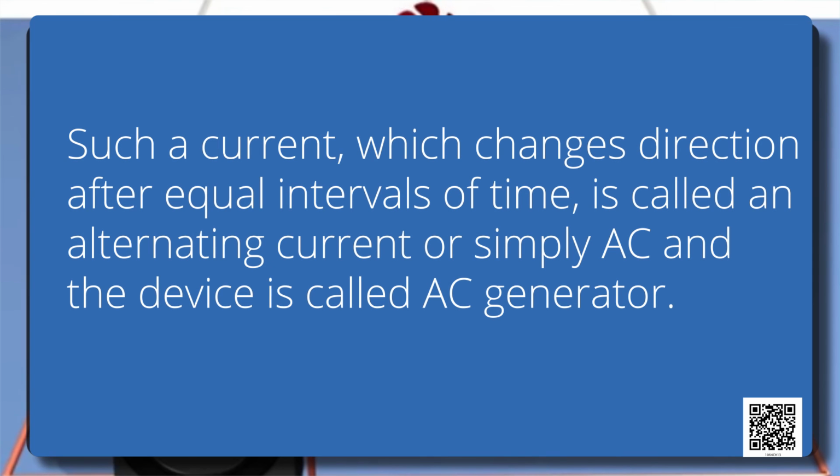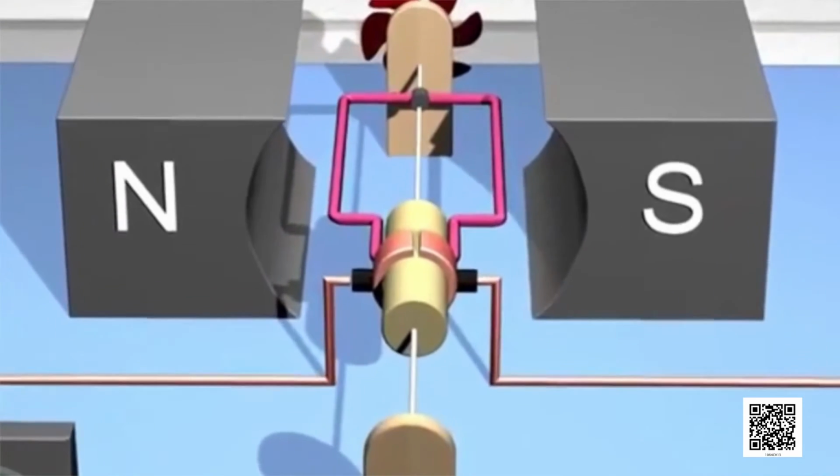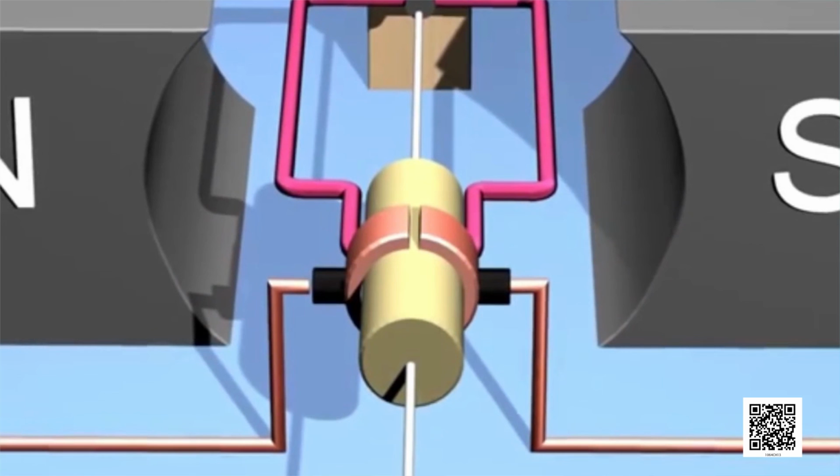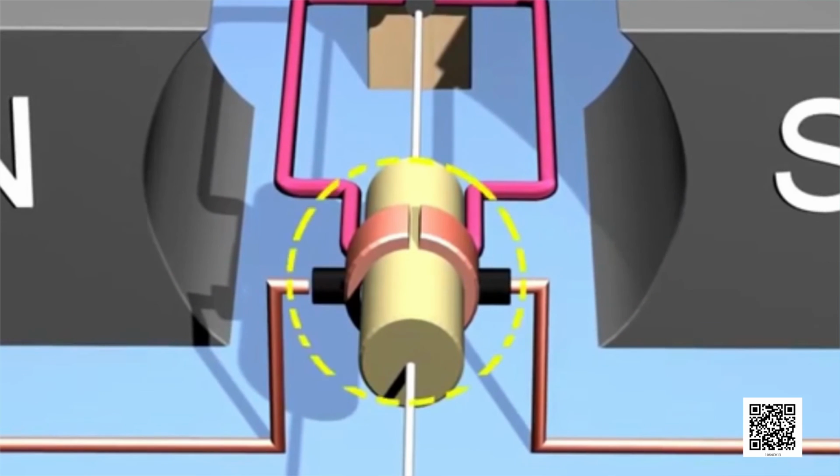Such a current which changes direction after equal intervals of time is called an alternating current or simply AC, and the device is called an AC generator. To get a direct current or DC, a split ring type commutator is used.